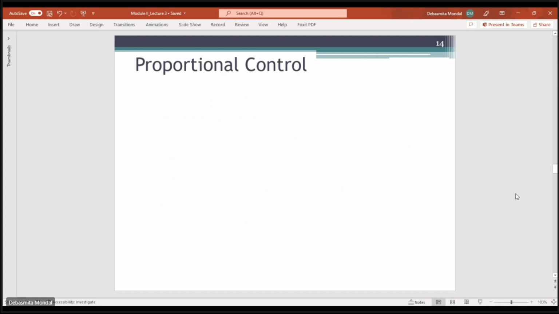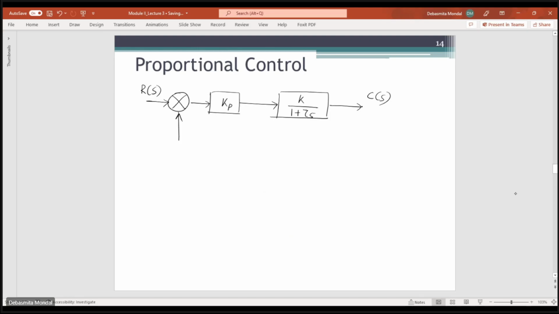Okay, so now let us say that this is your proportional controller, and this is the process which you want to control. The output is C(s), the input is R(s). Let's say this is a unity feedback system, with a plus and minus at the summing junction, and this is E(s).